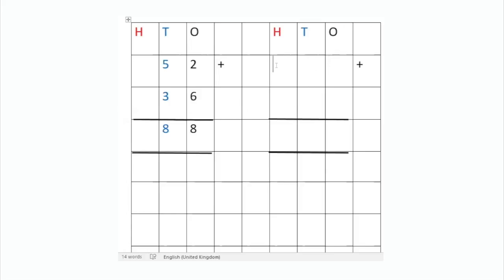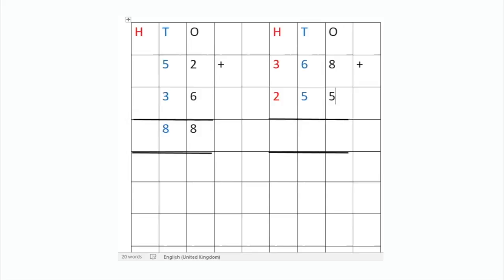So let's do another question. So we're going to do a bit of a harder one this time. We're going to do 368 add 255. Okay, so going back to my steps to success, have I placed the digits in the correct column?